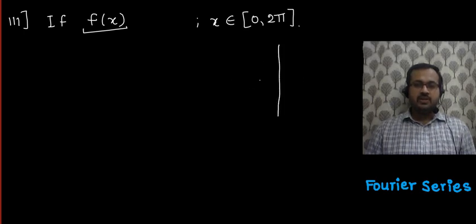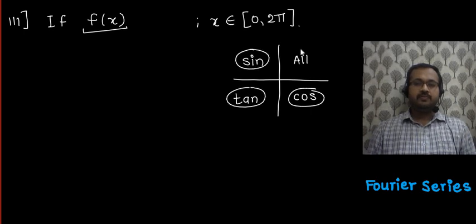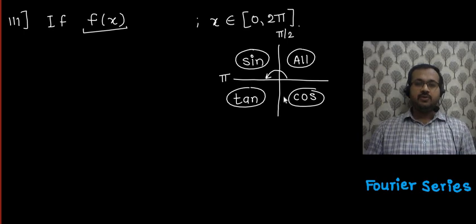If we consider the sign conventions of trigonometric functions, in the first quadrant all trigonometric functions are positive, in the second quadrant only sine is positive, in the third quadrant tan and its inverse is positive, and in the fourth quadrant only cos and its inverse is positive. So in the range 0 to pi, sine is an even function, cos is an odd function, then integration from 0 to 2 pi for cos will be 0.